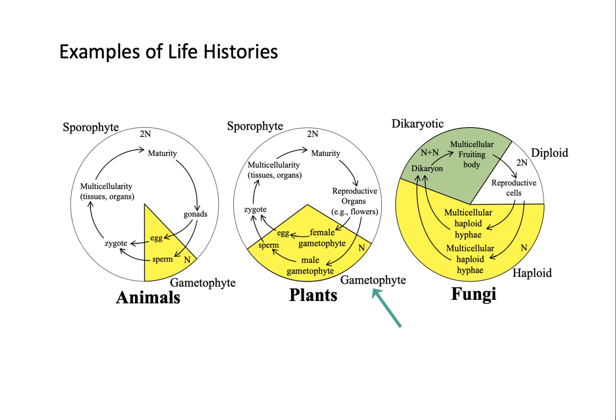So gymnosperms, angiosperms, and other plants have a gametophyte generation, a haploid generation, that eventually forms the sperm and the egg, but they actually have a haploid multicellular generation. In lower plants, actually, the gametophytes take up most of the life cycle. So there's a long and prolonged gametophyte generation and a short sporophyte generation.